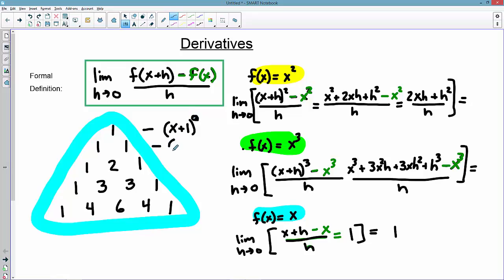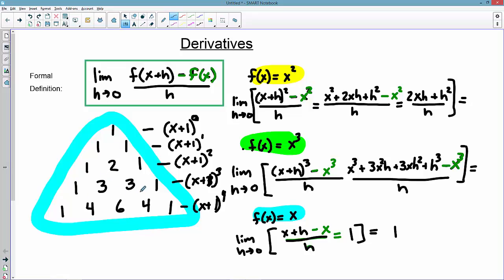And this would be x plus 1 to the first power. And this would be x plus 1 squared. And this would be x plus 1 cubed. And this would be x plus 1 to the fourth, etc.